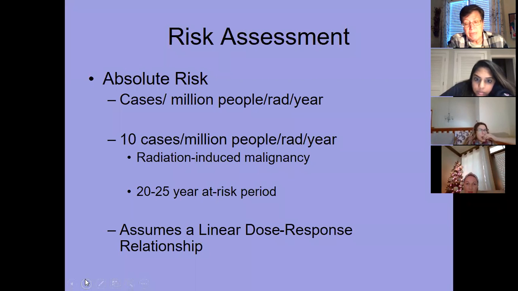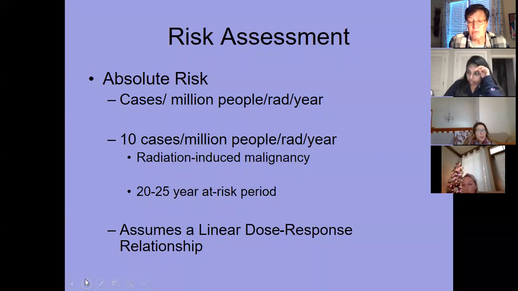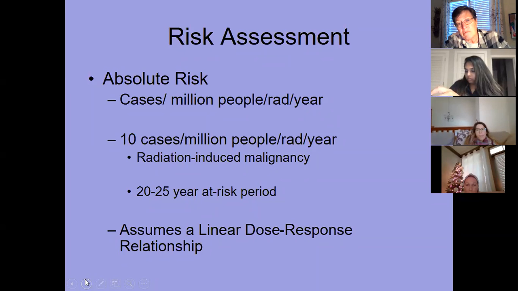But here's some information, and if you ever want to look at additional information, you really should go to the BEIR Commission reports. It's BEIR. So the BEIR 7 report has a really good and simple explanation of risk assessment relative to cancer induction.